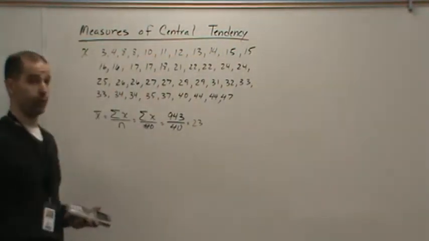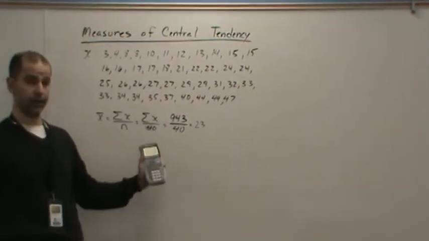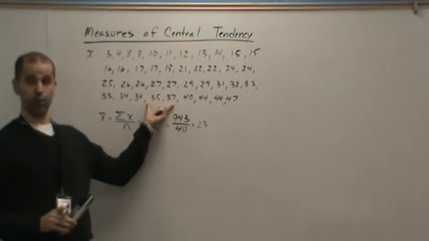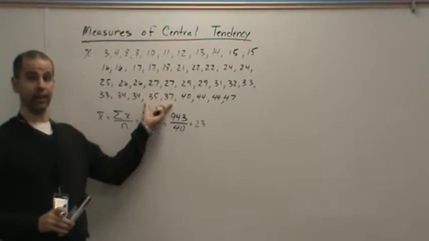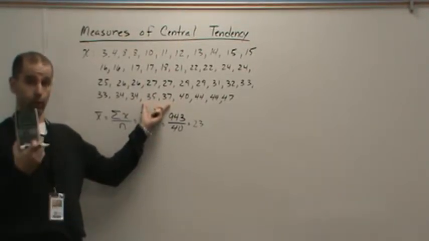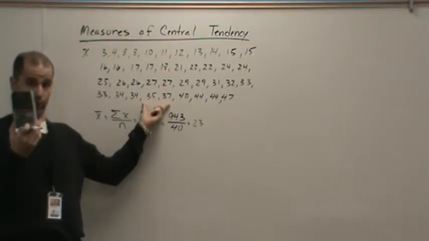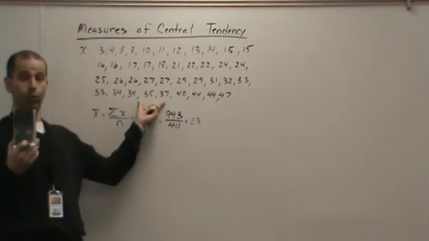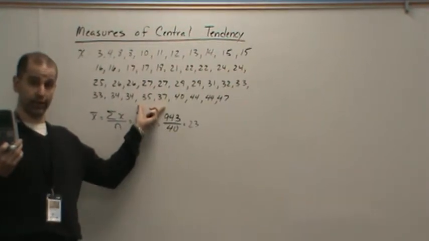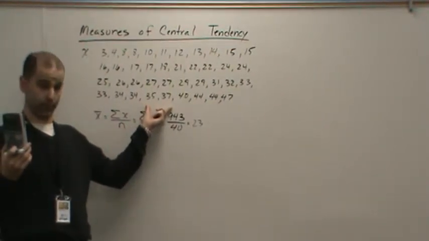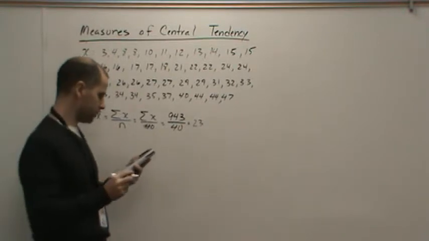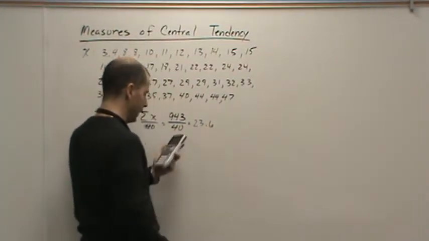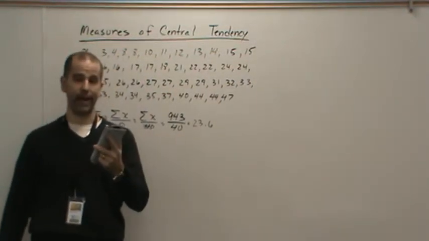Okay, now remember the rounding rules. I'm calculating the mean. What were the rounding rules? Well, my original data is in whole numbers, so for any calculations I do, I don't want to round off until the very end, which is what I did. I got my final answer here, and I want my answer to go out one more decimal than the original data. So I want to go out to 1 decimal place. If I round to 1 decimal place, I get 23.6 because my number is 23.575.